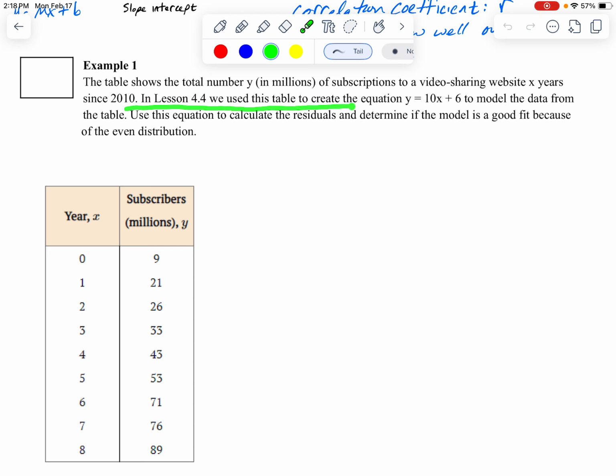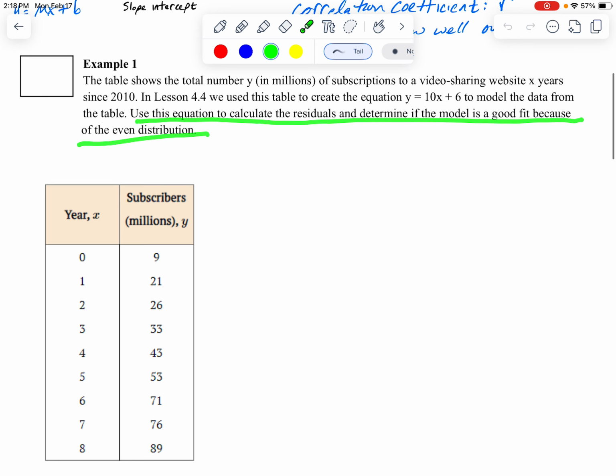In lesson 4.4, we used this table to create this equation, y equals 10x plus 6, to model the data. Use this equation to calculate residuals and determine if the model is a good fit.